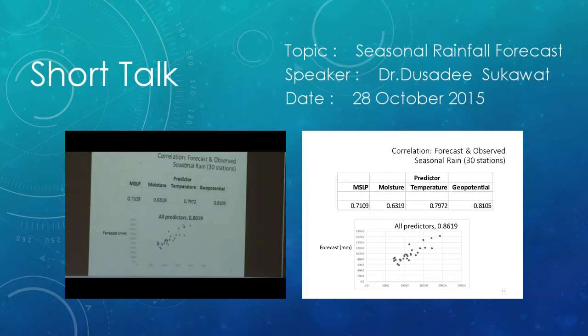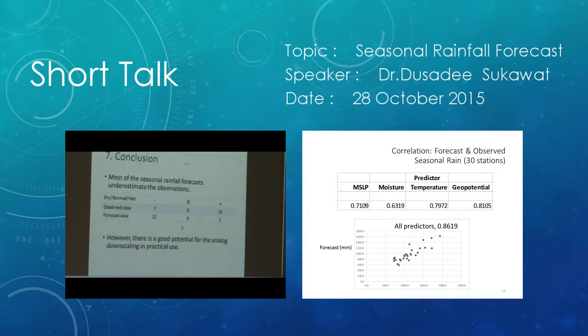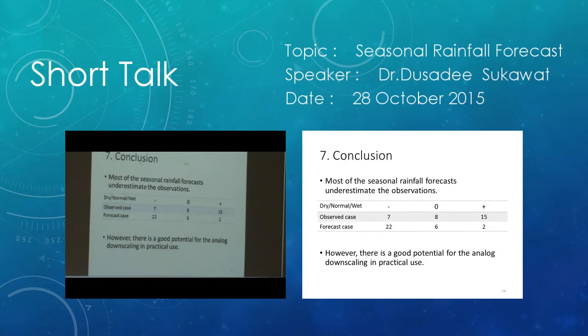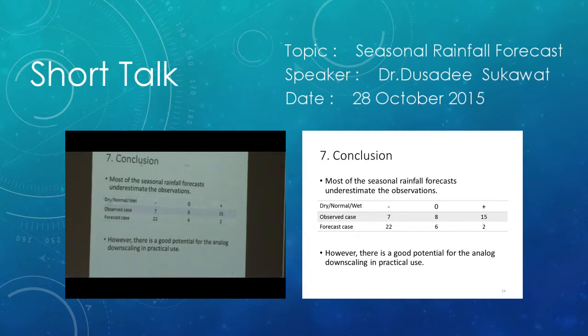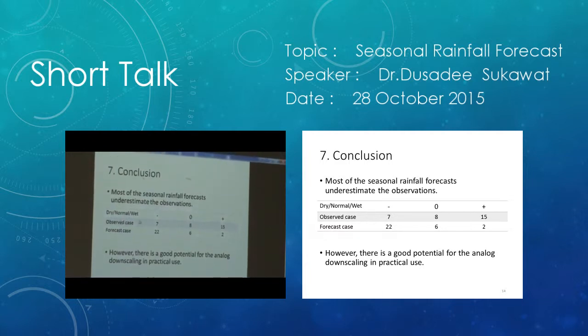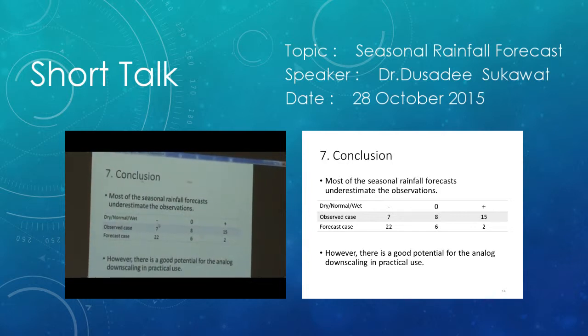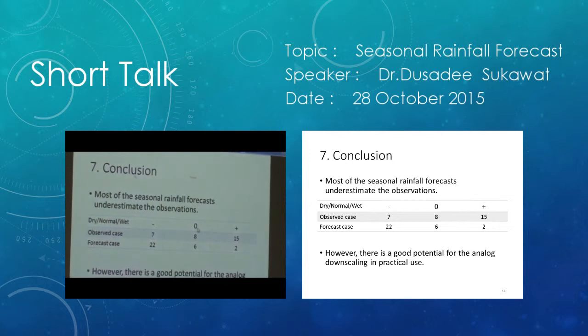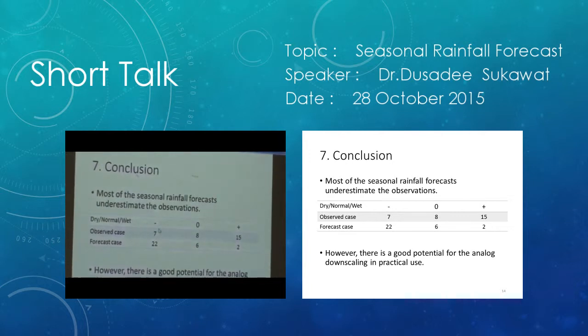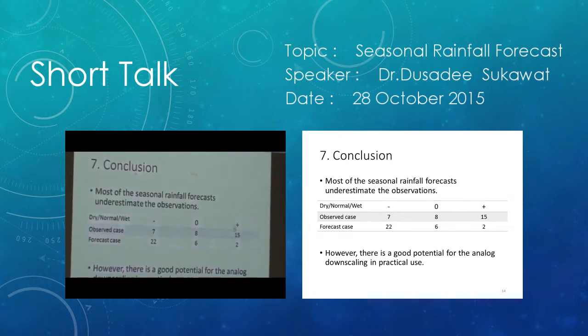Anyway, from this I have learned that most of the seasonal forecast by this method underestimate the observation. So if I classify the rainfall into normal year based on 30-year record, normal year represented by 0, the dry year represented by negative, and the wet year by positive.